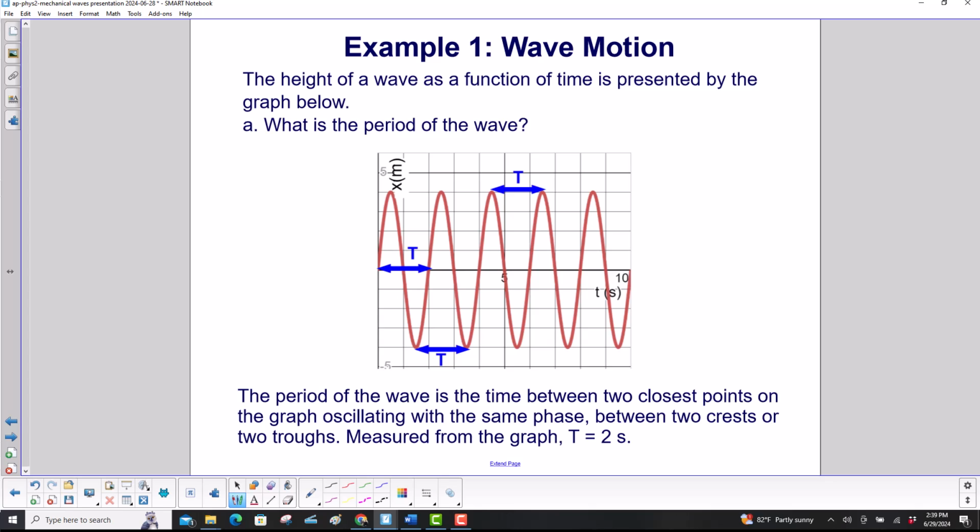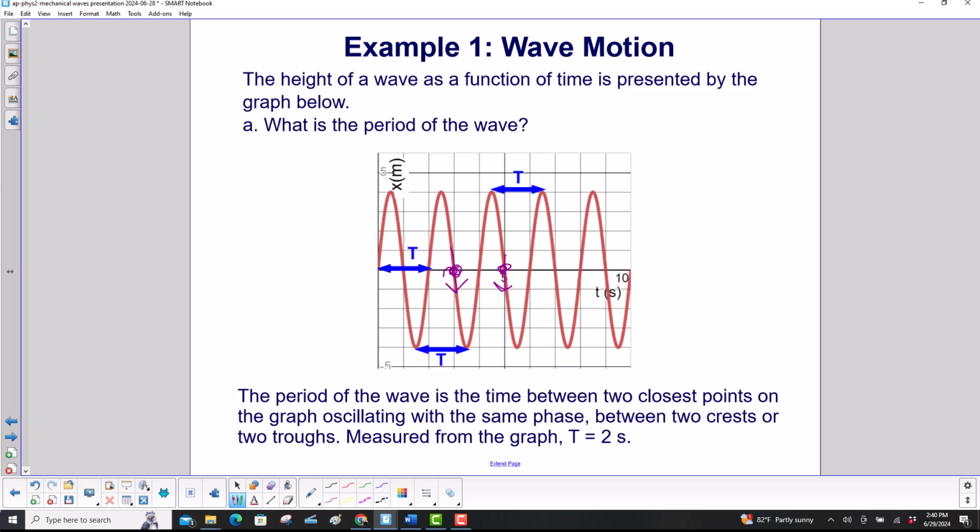The period of the wave is the time between two closest points on the graph oscillating with the same phase. It's a tricky way to say I can go from here, for example, to here. They're at the same point, and it's going in the down direction there, and it's going down there.